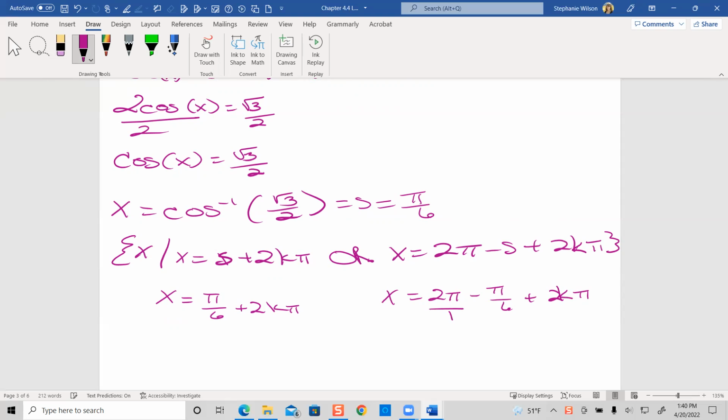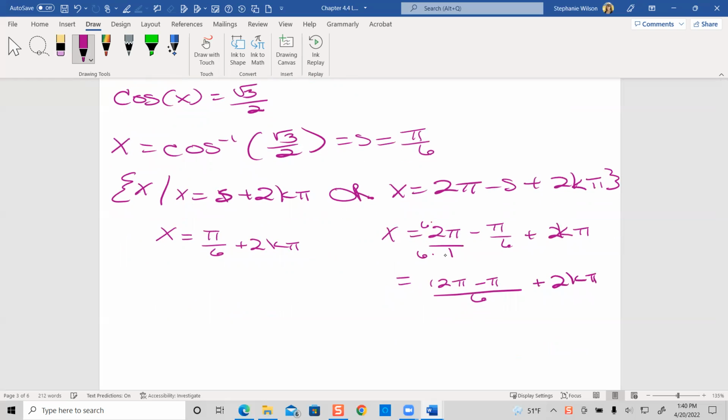I noticed that whenever you have a fraction, you have to have a common denominator. 2 pi is over 1. So the common denominator is 6. So I'm going to multiply top and bottom by 6. So now I have 12 pi minus pi all divided by 6. So let's finish it up. Now we have 11 pi over 6 plus 2k pi.